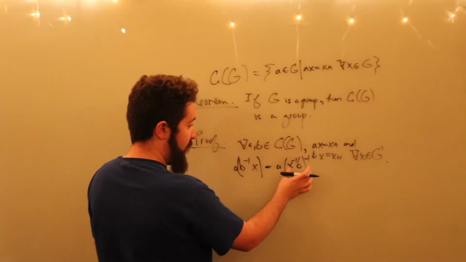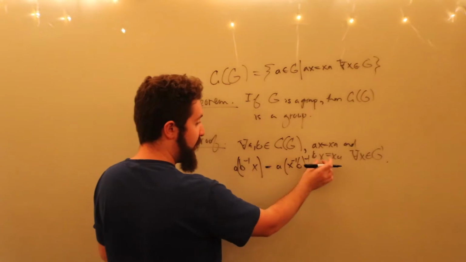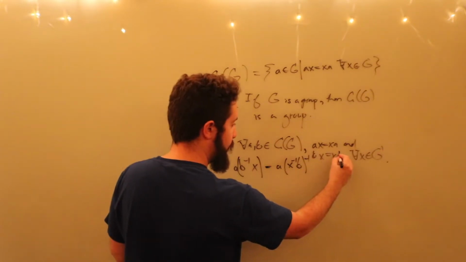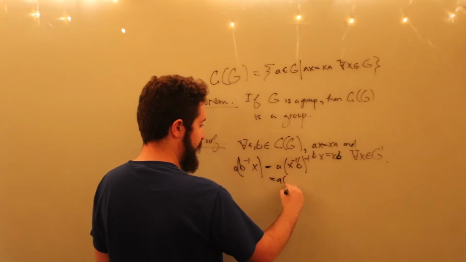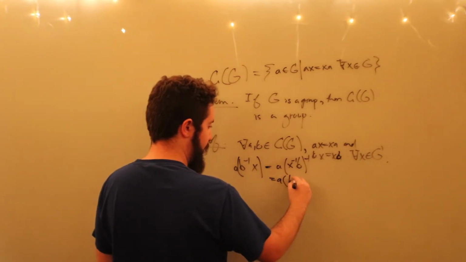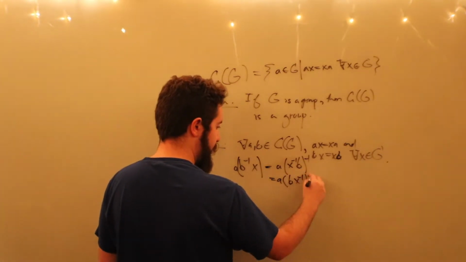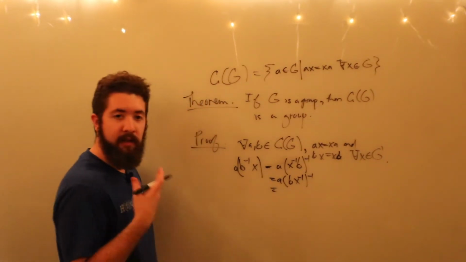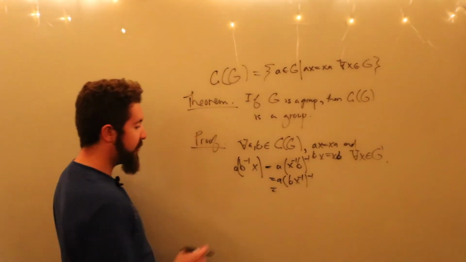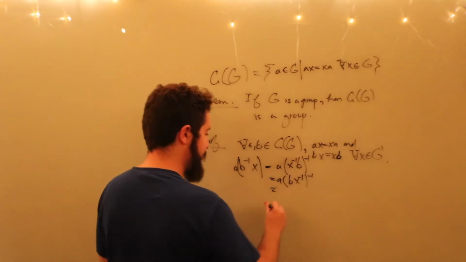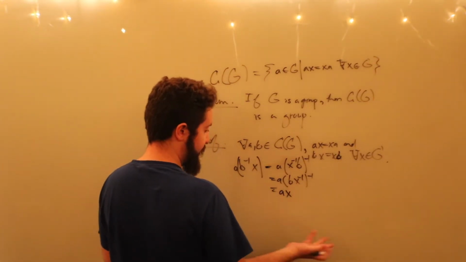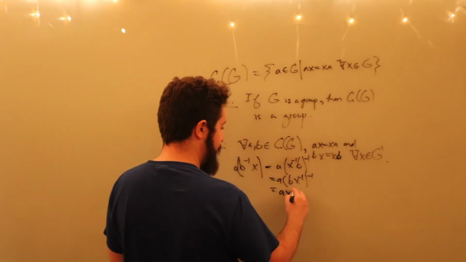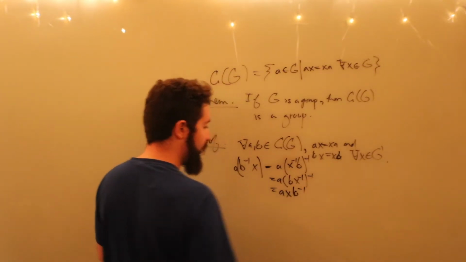But we assumed B commuted with all other elements in the group G, so this is equal to B X inverse. But then, of course, the inverse of a product is the product of the inverses in the reversed order, which is just X times B inverse.